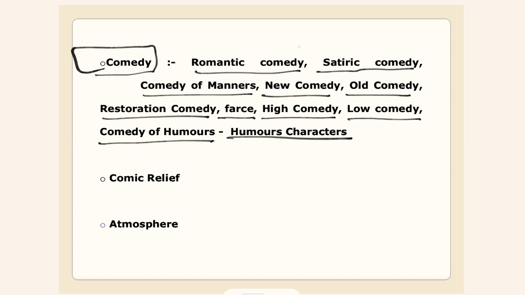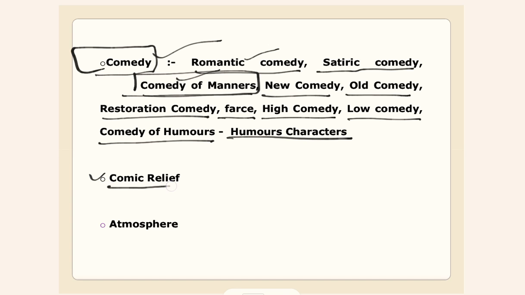So all these are the terms associated with only comedy. Under this genre, we have different plays and dramas. For example, comedy of manners, The Way of the World, is an example of comedy of manners. Like that, all these terms have different examples we will discuss in our coming videos.